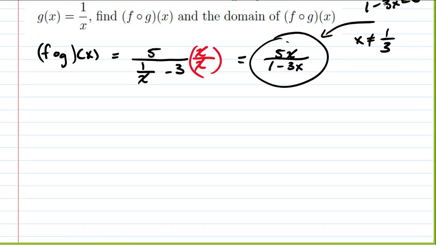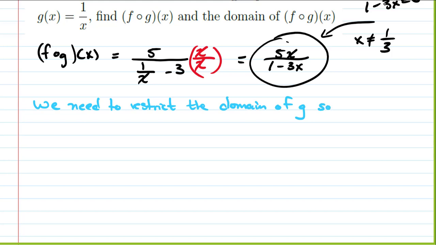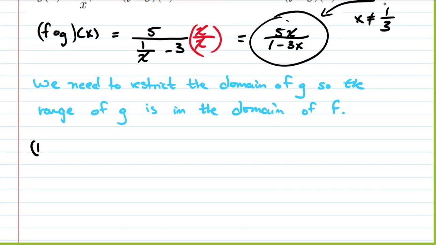We need to restrict the domain of G so the range of G is in the domain of F. In order to do this, the first thing we need to do is find the domain of G, because that's our starting point.